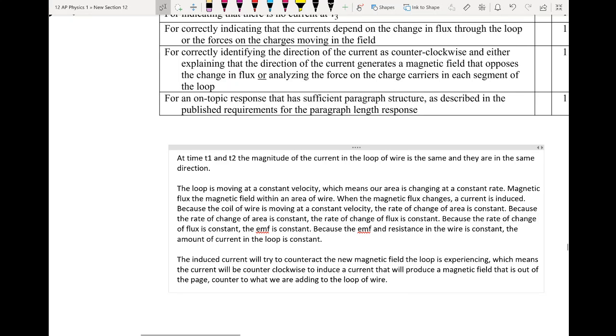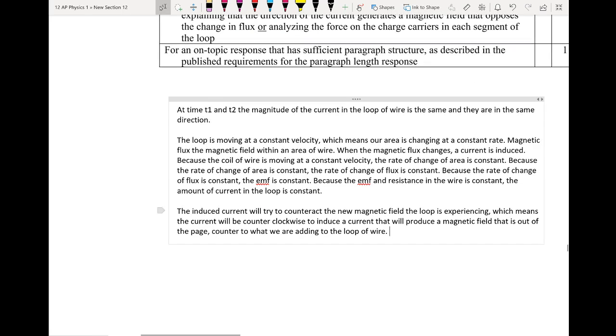That's not a great explanation, but let's see, what did they say? Identifying it as counterclockwise and explain that the direction of the current generates a magnetic field that opposes the change in flux. Great, okay. So we said something that was close to that.